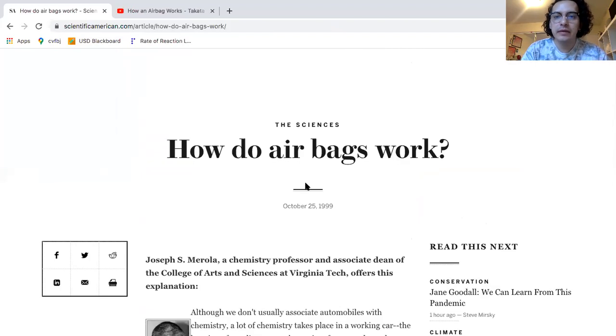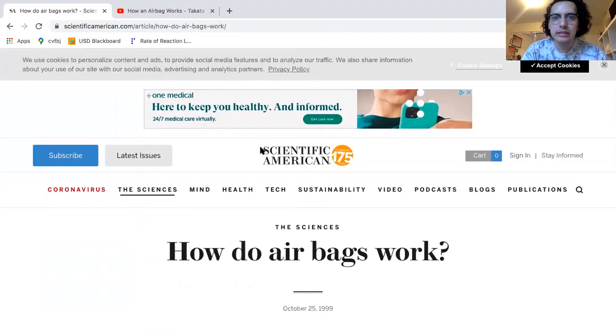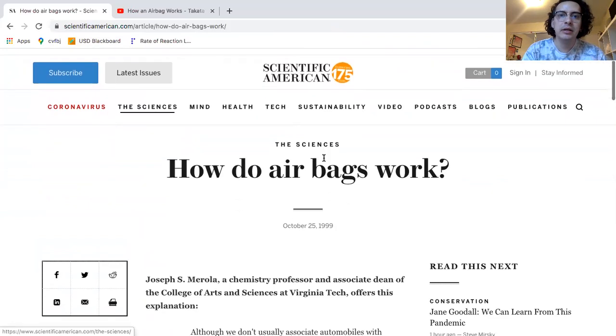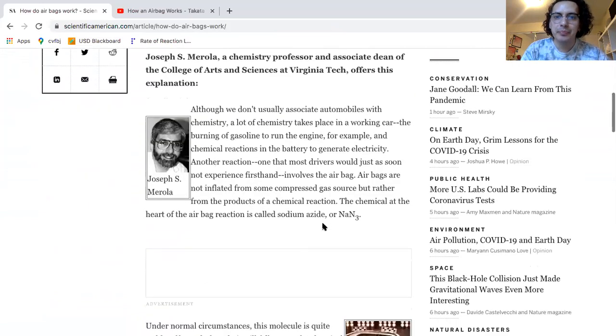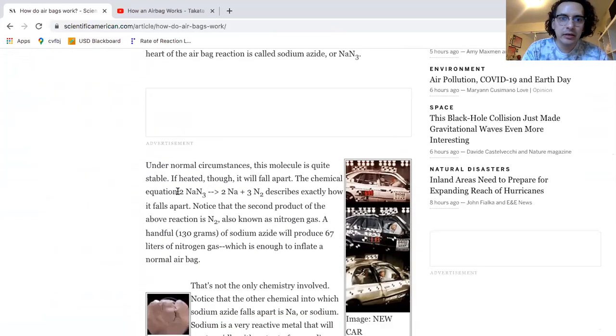The article that I gave you all to read was the Scientific American publication of how do airbags work. It was published in 1999. But the key thing here, it gives you the chemical reaction that happens.